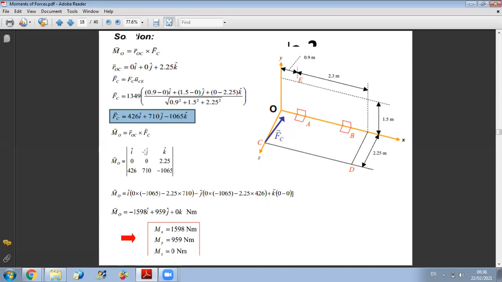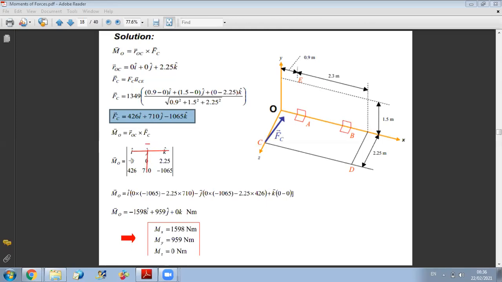So now, to do the calculation, first, along I I put a plus, and I drop this column and this line. So it's plus 0 times this number, so it's 0, minus 710 times 2.25. So here you get the component along I. Then we move to get the component along J. We put a minus above J, okay? And then we drop this line and this column.